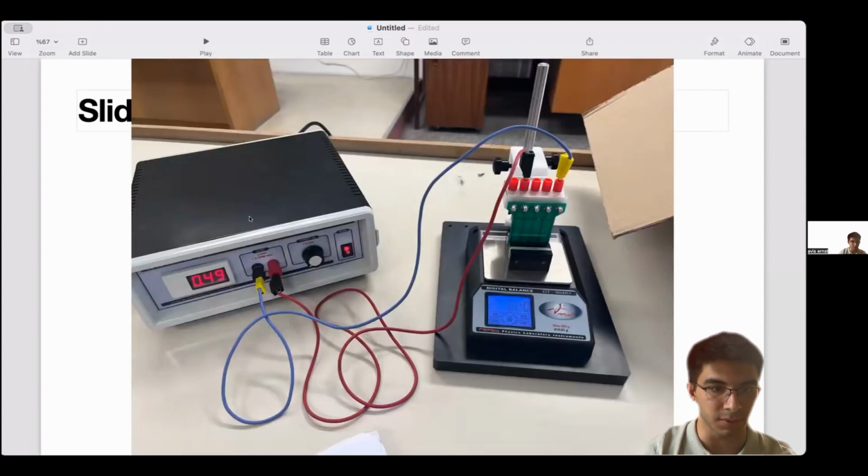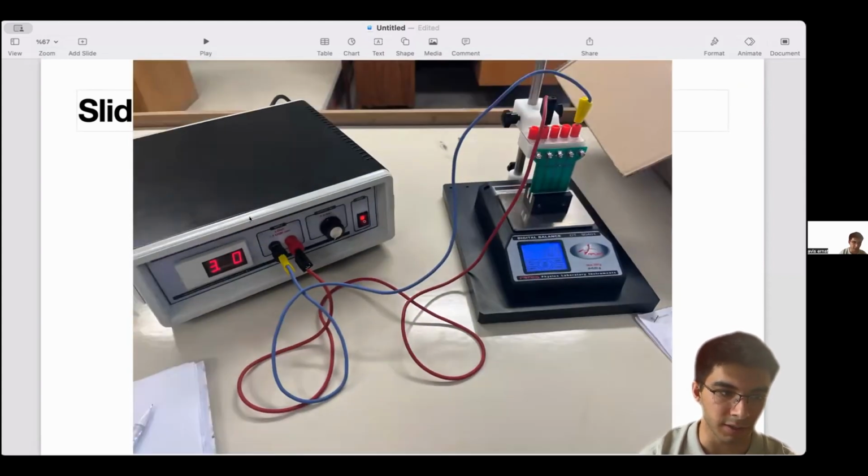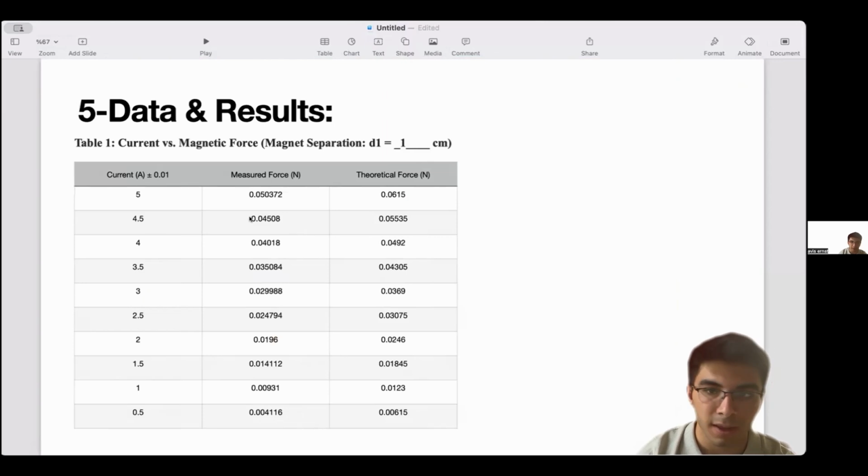These are all the large magnets, with 2.5 centimeter separation. Here you can see it gives 0.2 grams for 0.5 amperes with 2.5 centimeter separation. Here another one, and another one. After I repeat these experiments, I collect my data.